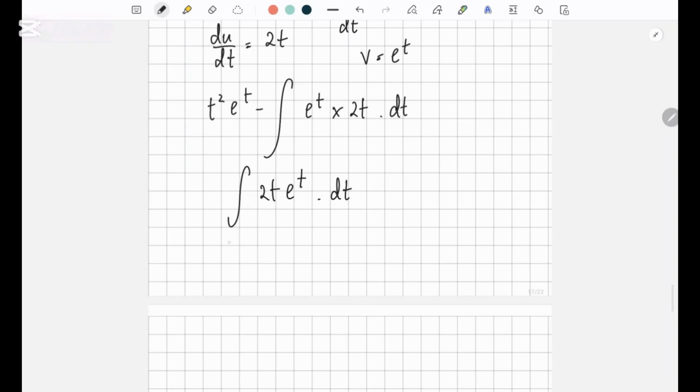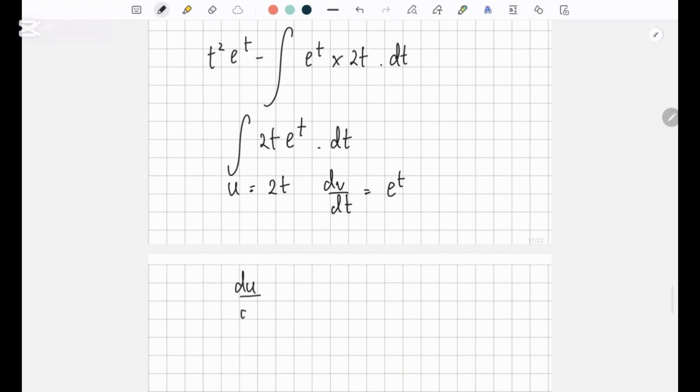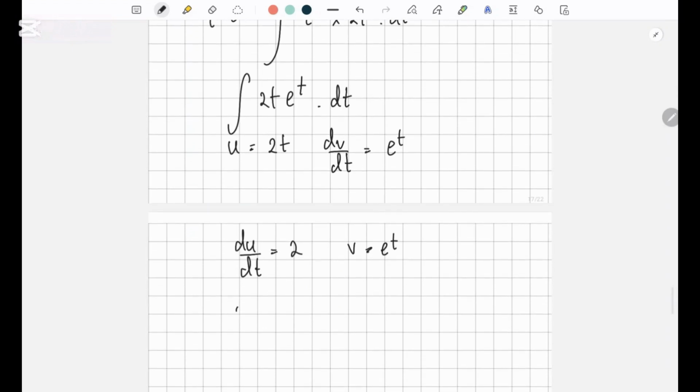The same way again, you take u as 2t, dv over dt as e to the power t. So du over dt equals 2, v equals e to the power t. So now we have 2t e to the power t minus the integral of e to the power t into 2 dt.